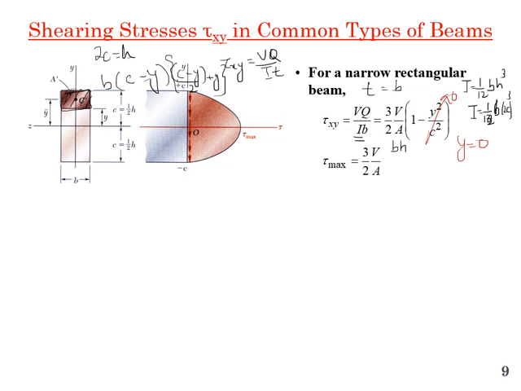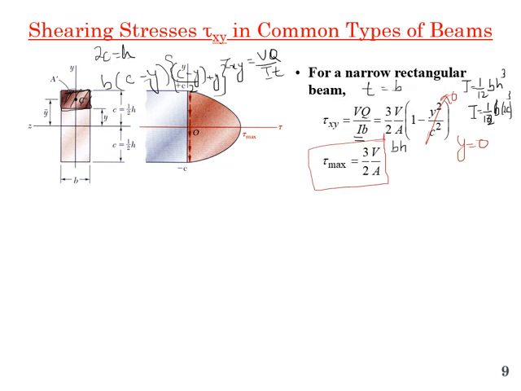And what does it mean? It means that at the neutral axis, the axis passing through the centroid of the section, we have maximum shear stress, that is 3V divided by 2A, and that is for the rectangular cross section.